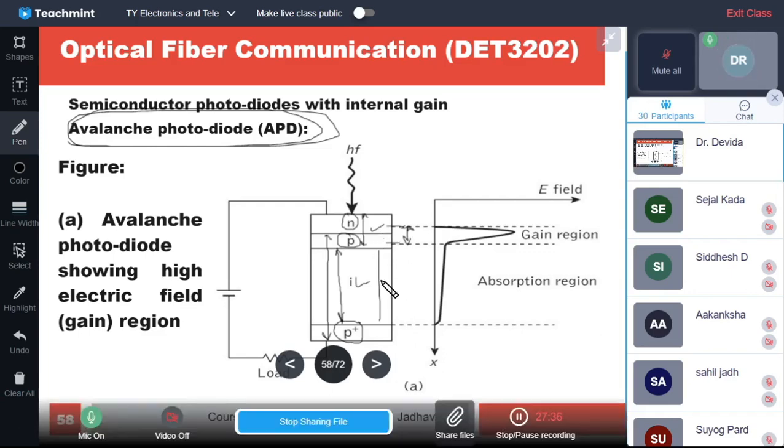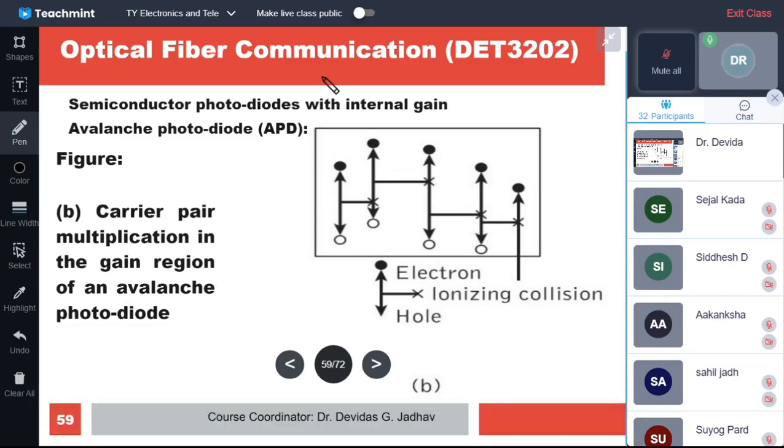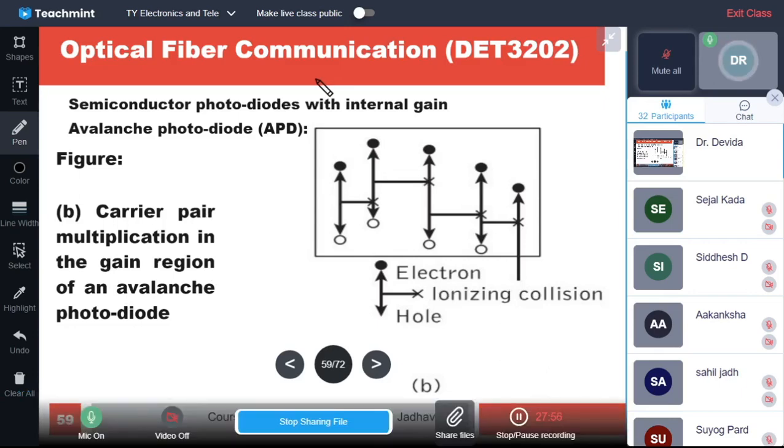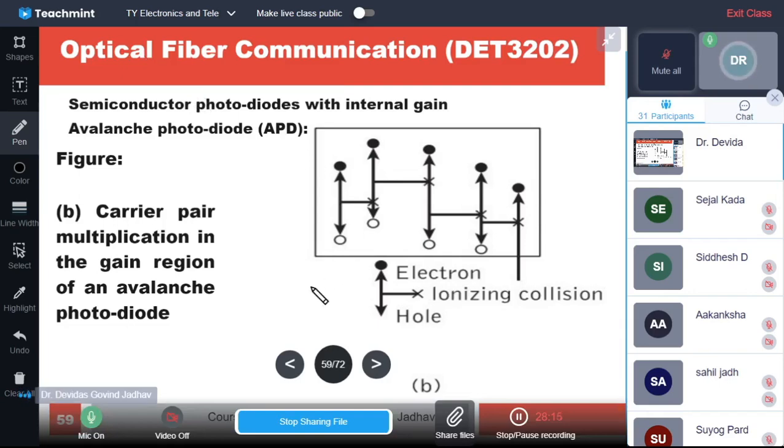This collision is called an ionizing collision, and the process is called impact ionization. Impact ionization is the collision due to which the charged particle, the electron, is detached.